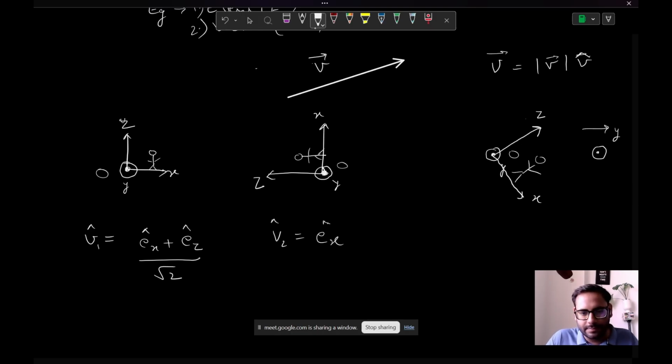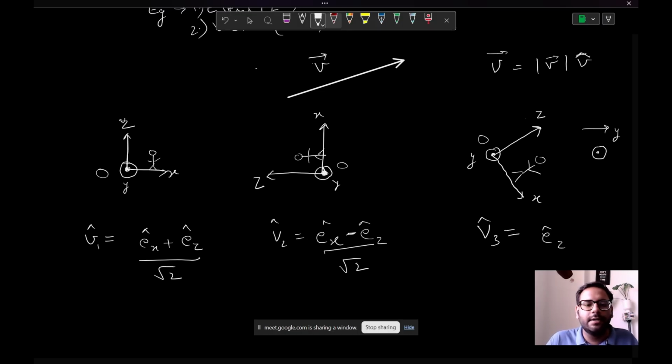e_x minus e_z over root 2. Fine. And what about this one? It's simply e_z. Yes.